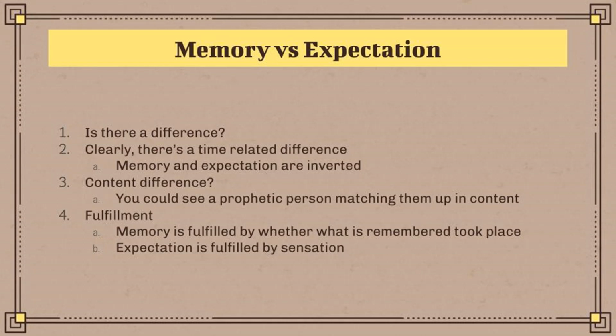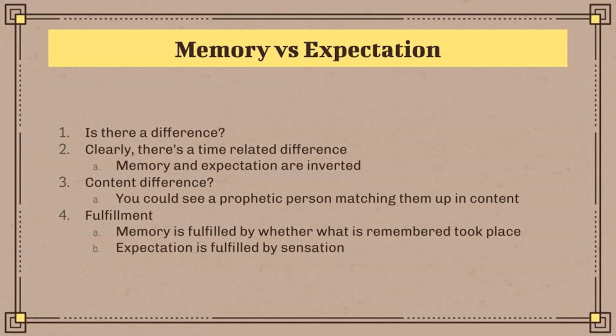He asks if there's a content difference, like maybe memory has a bunch of details and expectation is wrong about a bunch of stuff, but that isn't something which is foundationally different. That's contingently different. Like you could imagine a person who has perfect prophetic vision that just matches up the content of their memory and their expectation perfectly.